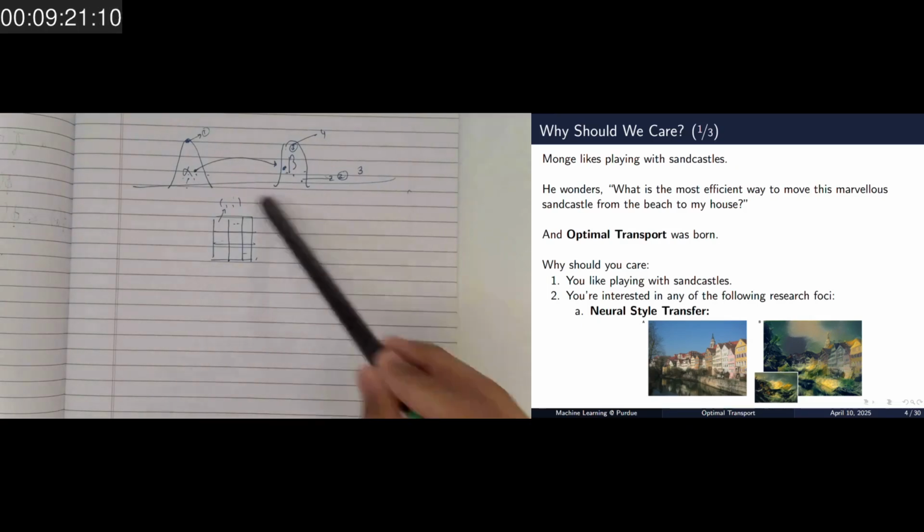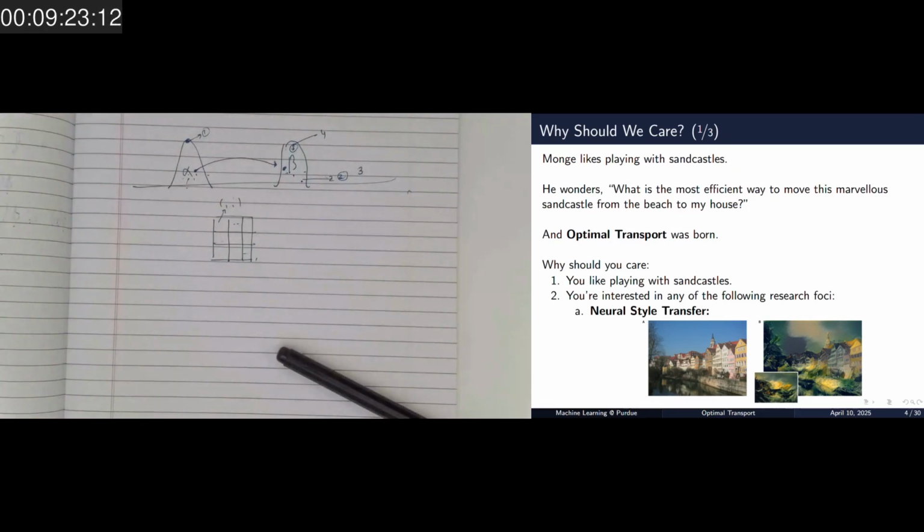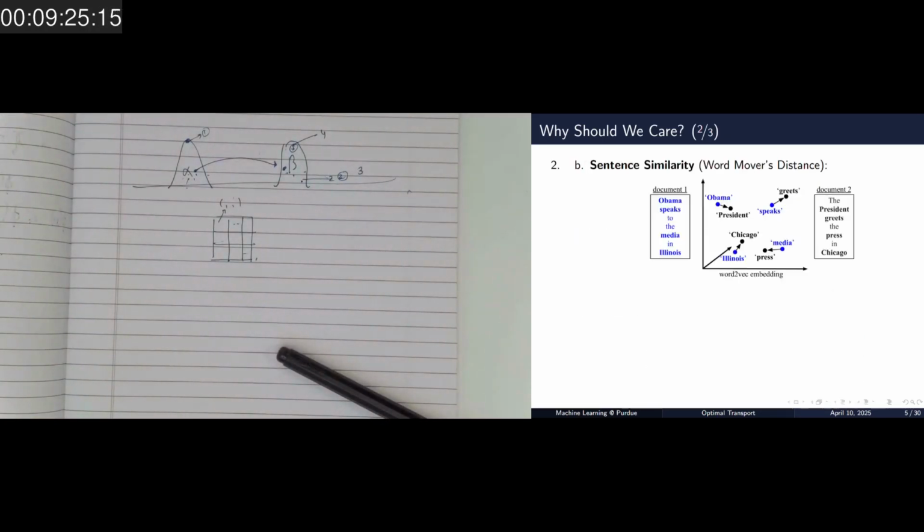Anyways, that is the general idea behind optimal transport for this specific case. Some examples I will gloss over in less detail. Sentence similarity: you have one sentence, "Obama speaks to the media in Illinois," and another, "the president greets the press in Chicago."